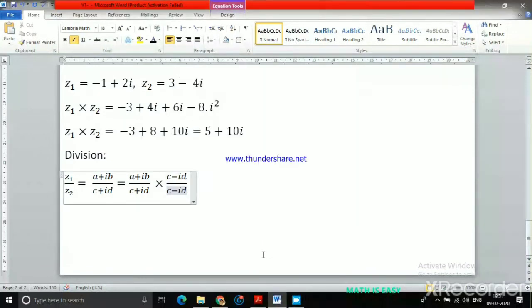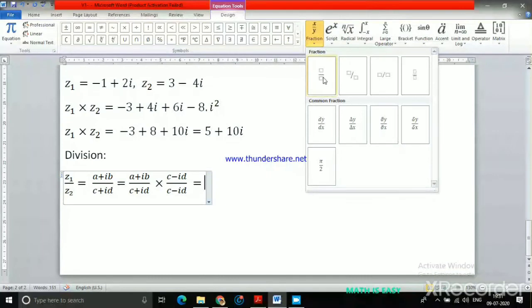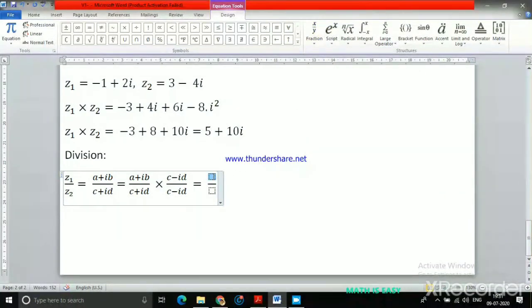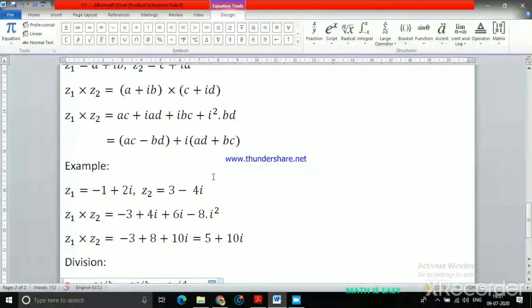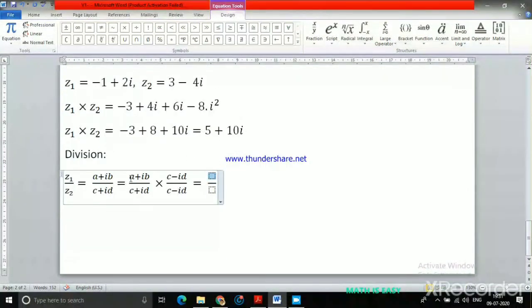When you rationalize, a plus ib into c plus id, if I do the rationalization and the simplification and multiplication, I think by this time you have learned how to multiply. Here I already multiplied a plus ib with c plus id, the same process. Here also, if both the numerators are multiplied, a plus ib multiplied with c plus id, I am going to get, I am writing without doing any calculation.